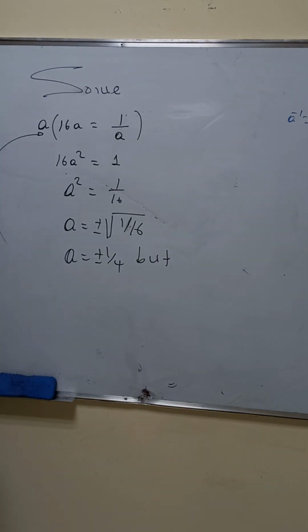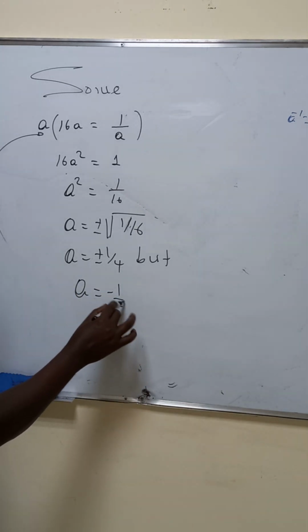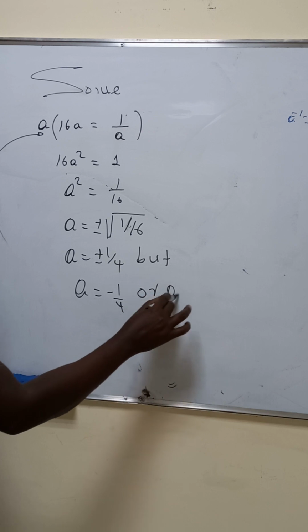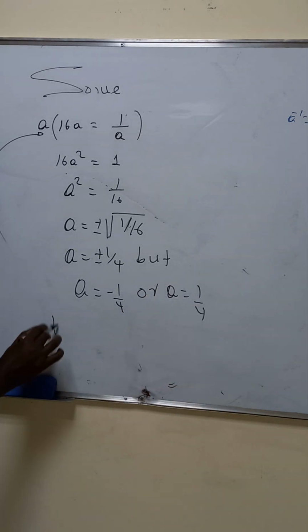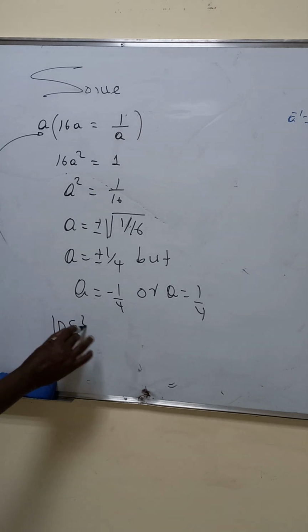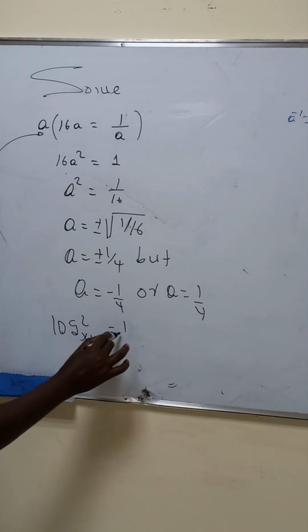But in this case, a is negative 1 over 4 or a is positive 1 over 4. In our first case, we said let a be the logarithm of 2 to the base x plus 2, which is 1 over 4.